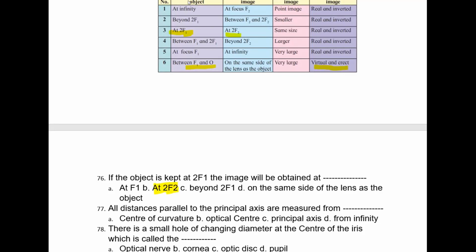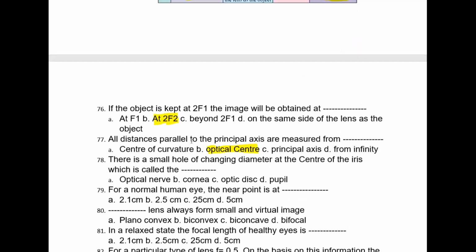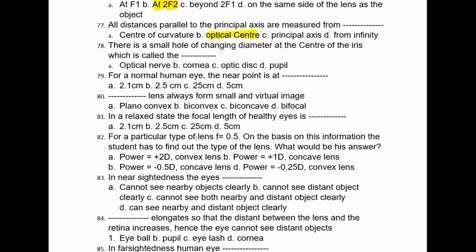Next is, all the distances parallel to the principal axis are measured from dash. Center of curvature, optical center, principal axis, from infinity. All the distances are measured from the optical center. Option B is the correct answer. Next question is, there is a small hole of changing diameter at the center of the iris, which is called dash. Optic nerve, cornea, optic disc, pupil.